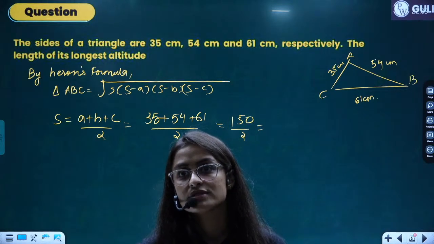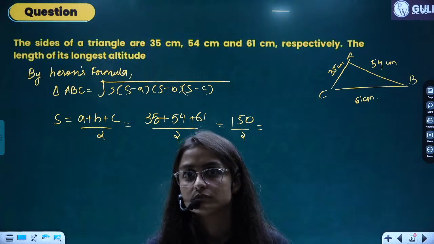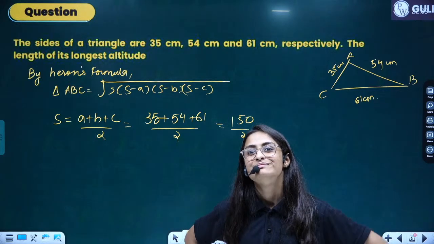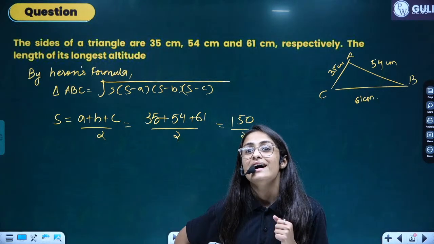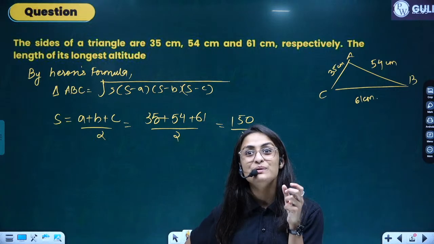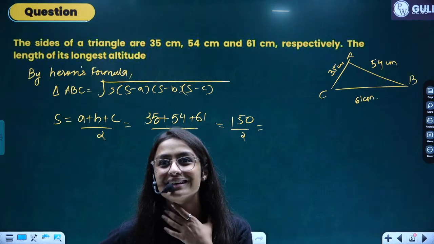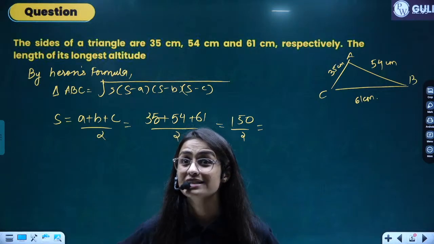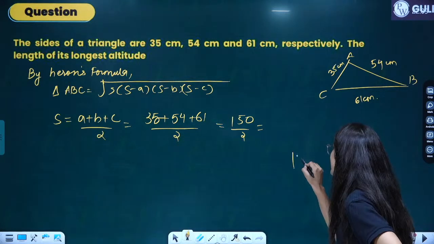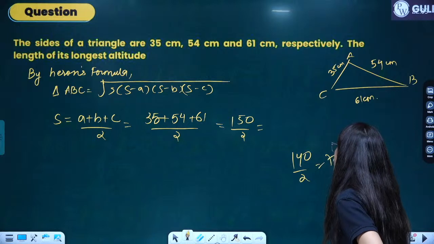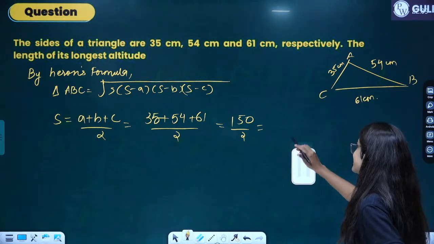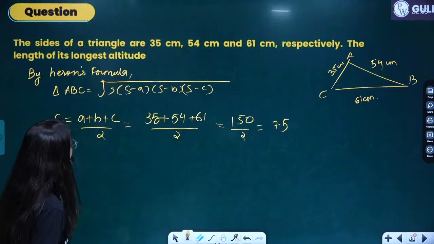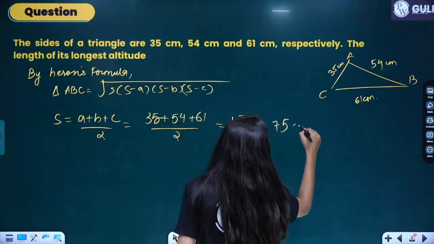If you divide 150 by 2, how will you get 70? Wondering? Not an issue. Check with your answer. 140 divided by 2 gives you 70. 150 divided by 2 is 75. Your semi perimeter is 75.